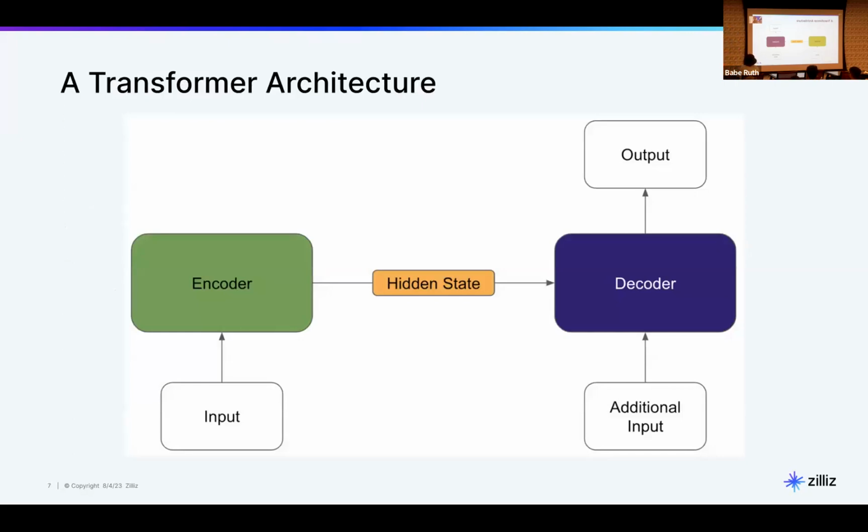In the transformer architecture, you basically start with an input, and then you give it to an encoder, and this encoder produces some sort of state. This hidden state is basically a matrix. When you see the words hidden state, just think a bunch of vectors or a matrix, okay? And then additional input, this is typically self-attention or some sort of attention mechanism. This is also just a matrix.